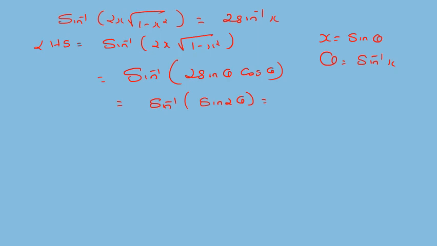Sine inverse sine 2 theta is 2 theta. Theta is sine inverse x. So it is 2 sine inverse x, which is the right hand side. This is the answer. So we are applying the trigonometric formula here. Then only we will get it.